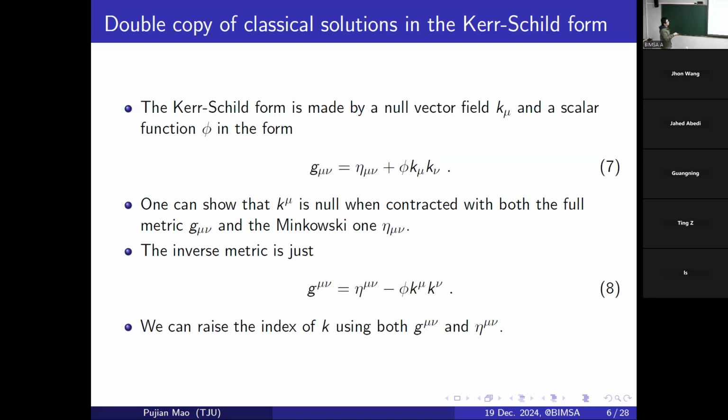But if your metric satisfies this Kerr-Schild form, you can prove that k is also null with respect to the Minkowski metric eta mu nu. So you can raise the index of k by either g or eta, it is the same thing.